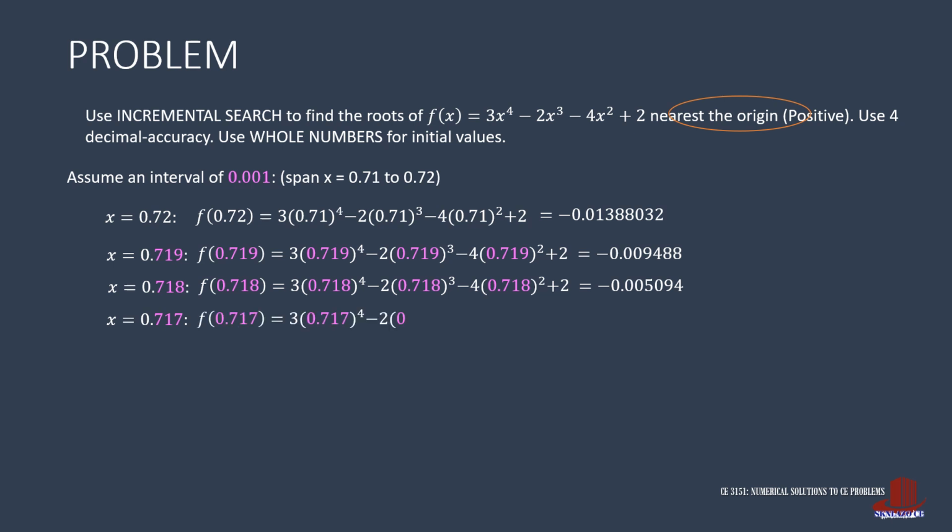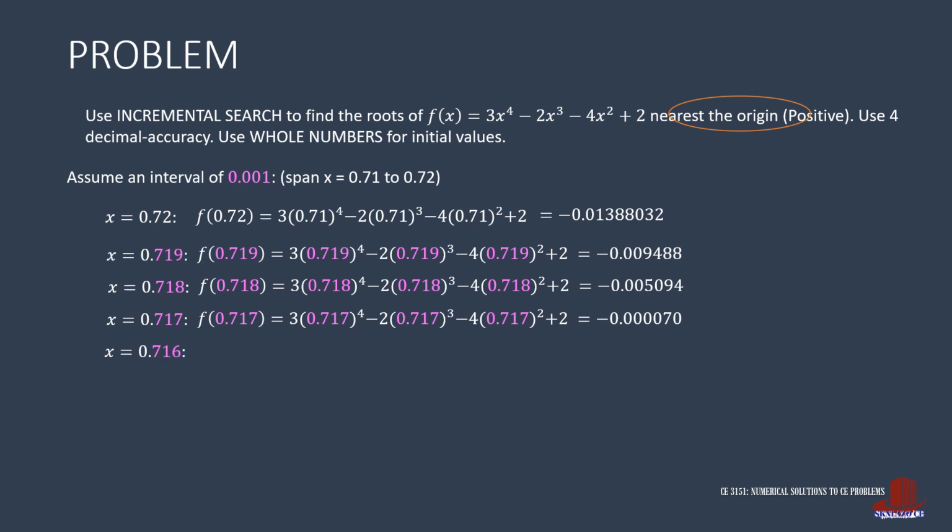The function then is 3 of 0.717 raised to 4, minus 2 of 0.717 cubed, minus 4 of 0.717 squared plus 2, which results to negative 0.000070. Almost near zero, but still not reaching the accuracy required.